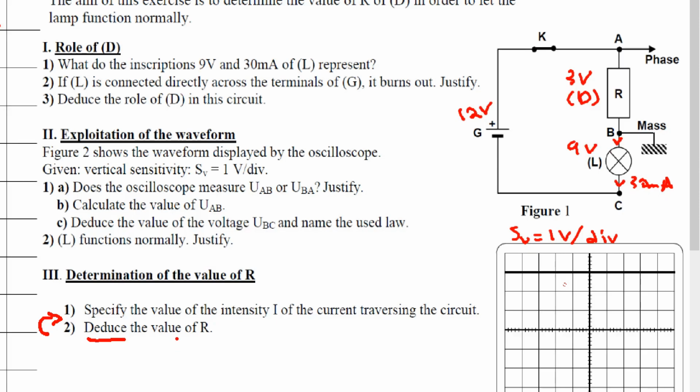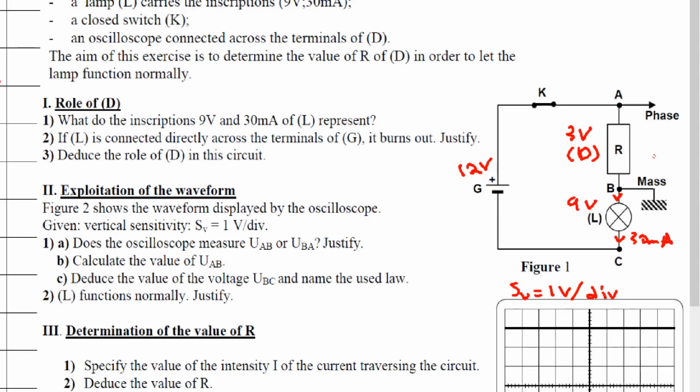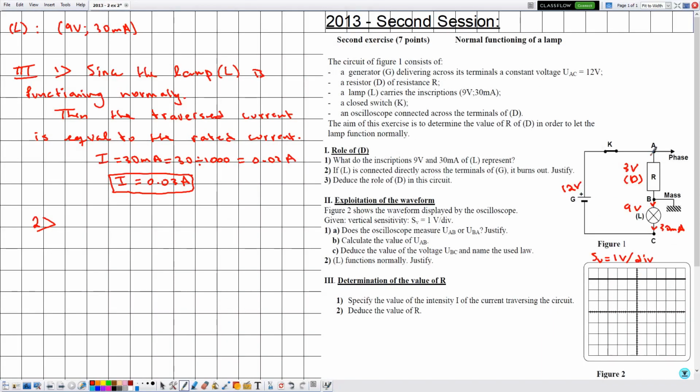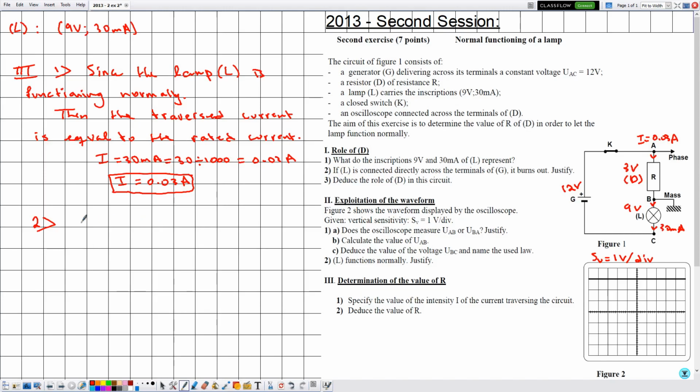We can deduce the value of R. Okay, so the value of R is for the electric component D. Because the lamp L and the resistor are in series, they are traversed by the same current, which is I equal to 0.03 amperes. So now we know the value of the traversing current, 0.03 amperes, and we know the applied voltage across the resistor R. Then we can determine the value of R using Ohm's law.